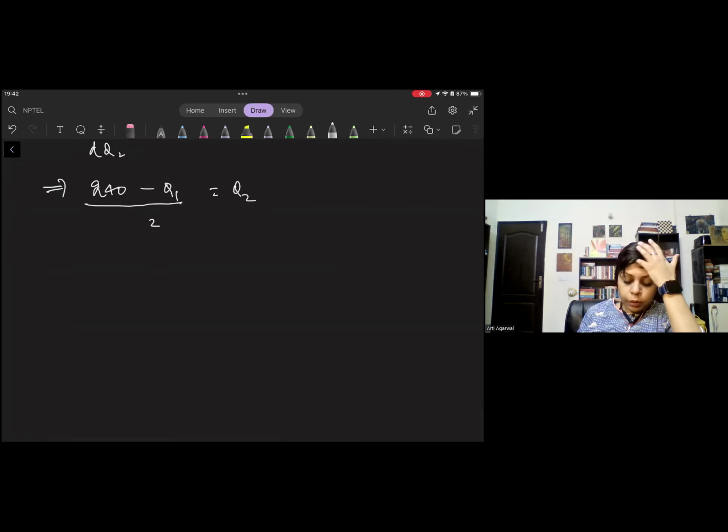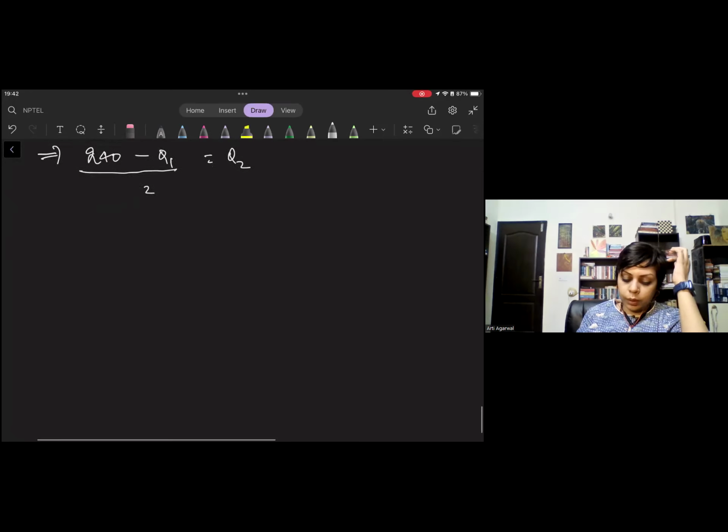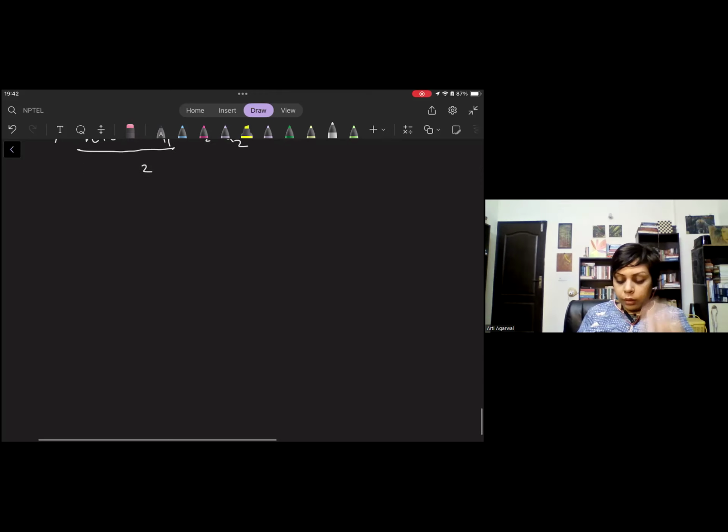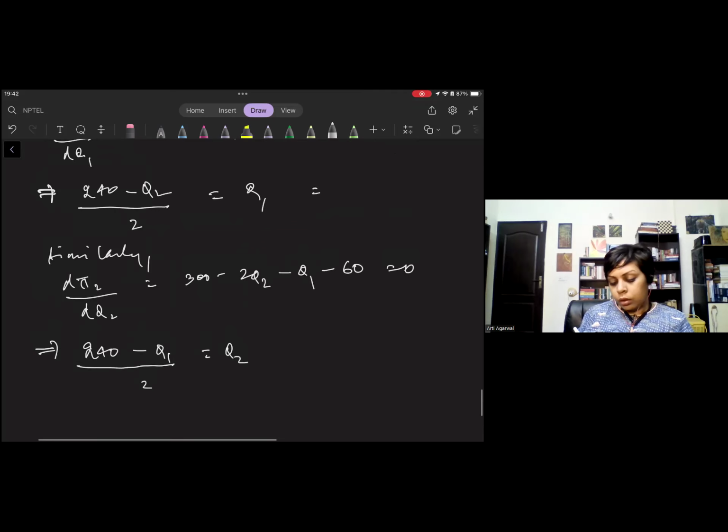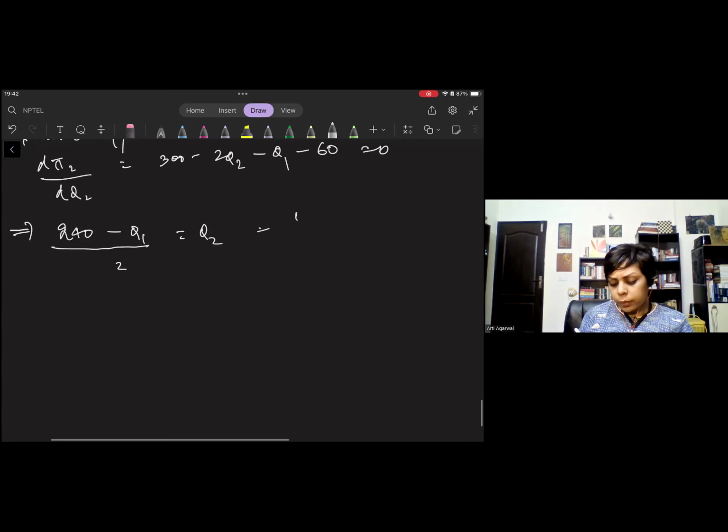So at the point of equilibrium, you have to understand, these are the best responses of each. Best response function of 1. Similarly, this is the best response function. So if you are ever asked what is the best response function of this firm, this is what you're going to report. This is what they're asking.